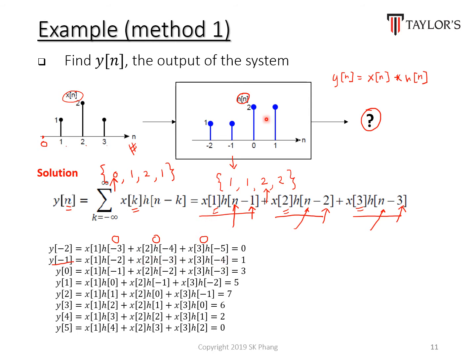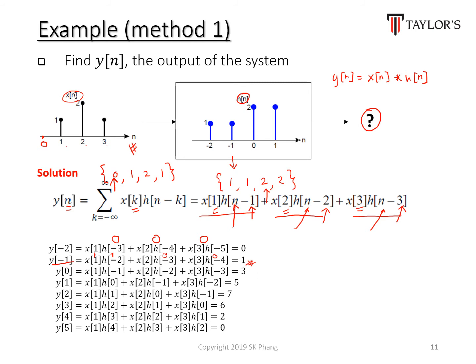If you look at the system's impulse response, h[minus 2] is equal to 1. h[minus 3] is equal to 0 because there's nothing at minus 3. h[minus 4] is also 0 because there's nothing at minus 4. So x[1] is 1 and h[minus 2] is also 1. The rest are 0 because anything multiplied by 0 is 0. Therefore your answer will be 1.